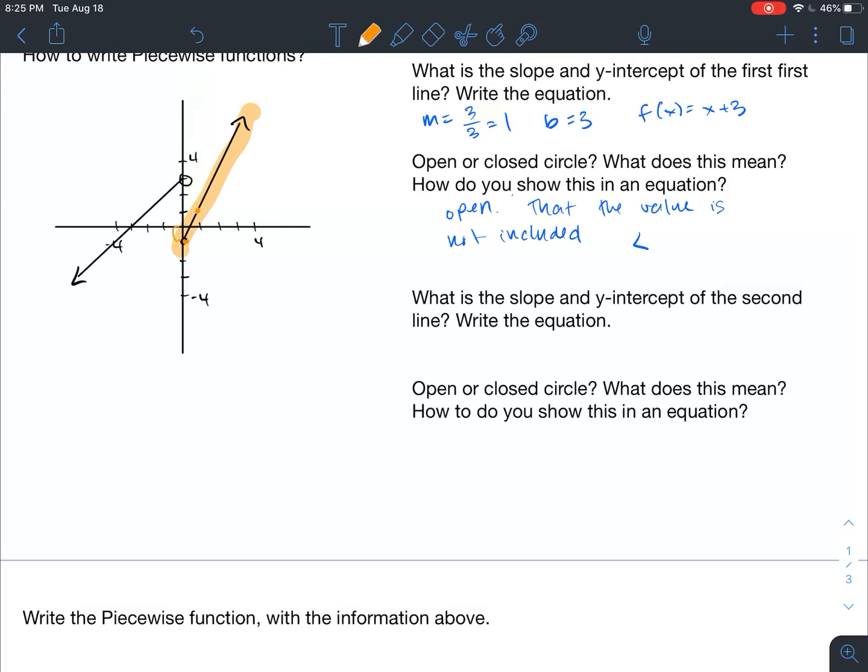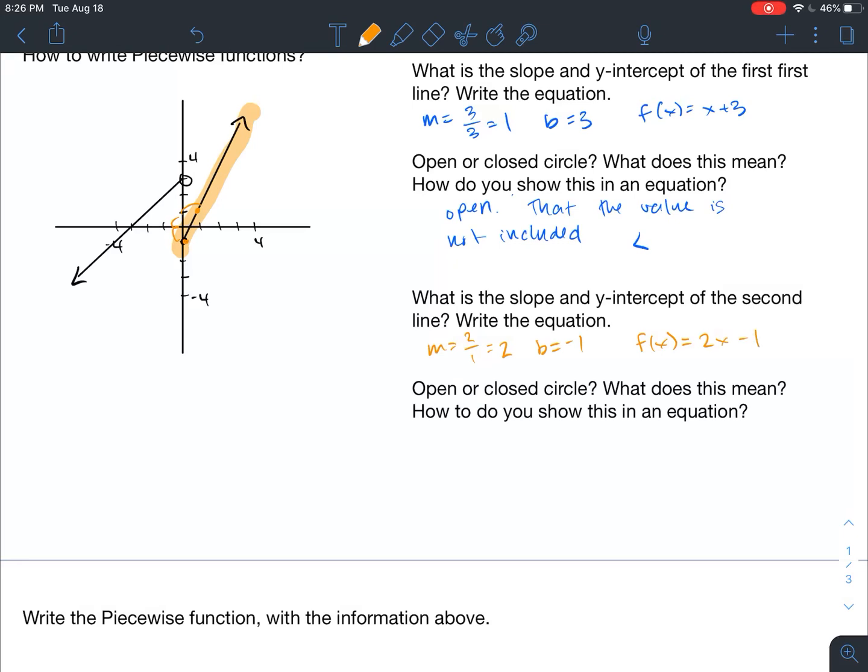So we have to go up 2 and over 1. So our m is equal to 2 over 1, which is equal to 2, and b is equal to -1. That is where the y-intercept is. So our function, f of x, is equal to 2x minus 1.